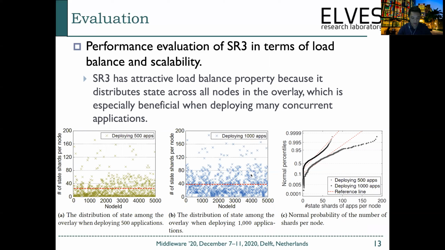In the overlay network, we have 5,000 nodes. We can see the shards are evenly distributed over the servers in the overlay network. The third figure is related to the normal probability for the recovery of the deployed states on the overlay network.